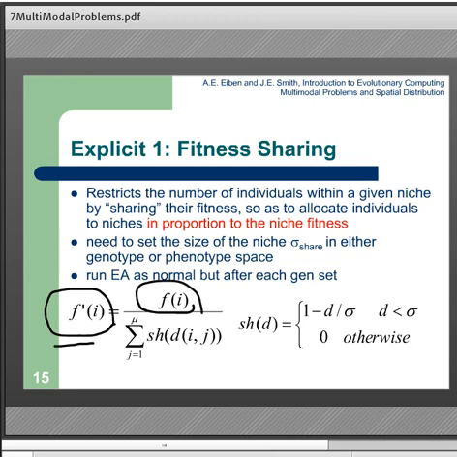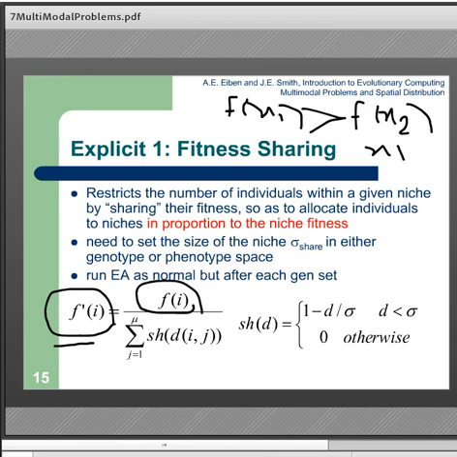F is a fitness, but f prime is a fitness sharing. We say, for example, f(x1) is greater than f(x2), then x1 is better than x2. It is a fitness.